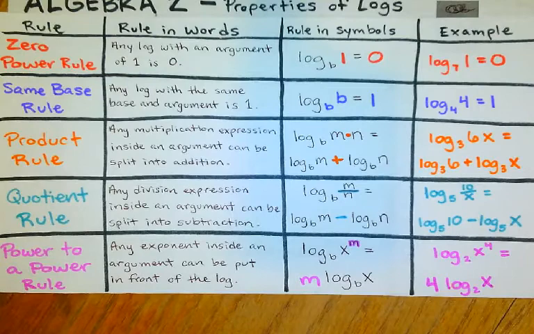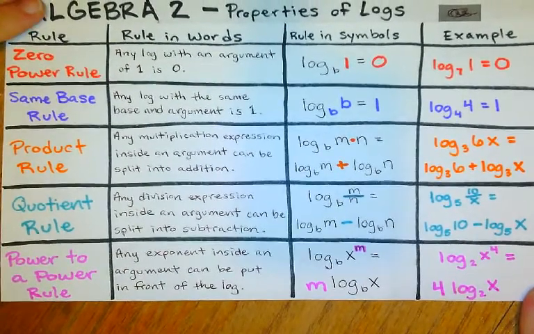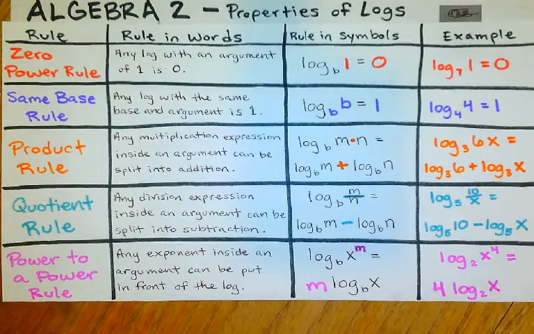So there's our rules. If you need to, screenshot this or freeze it so that you can write down anything that you might have missed. We're going to take a look at a couple of examples similar to the homework, and then you should be good to go. So I'm going to move this, and we're going to take a look at some examples.